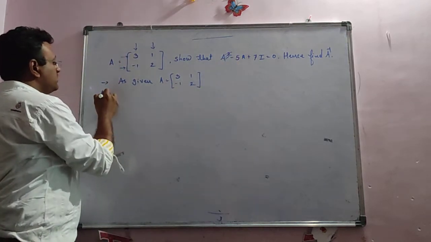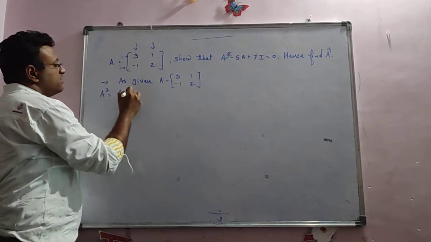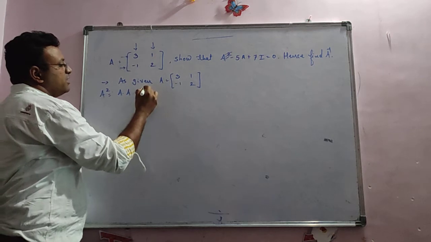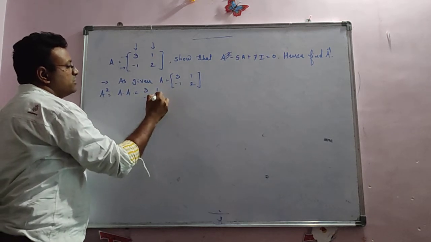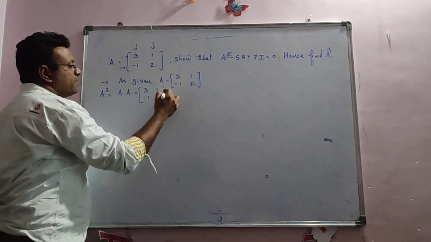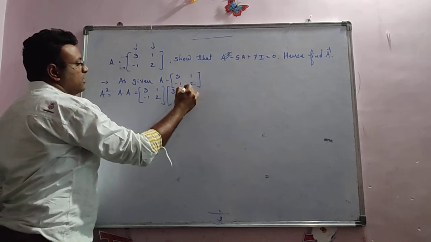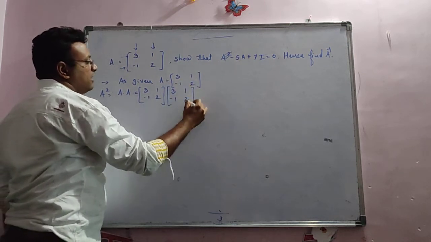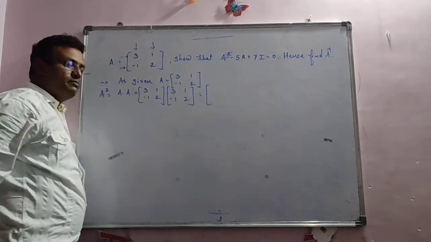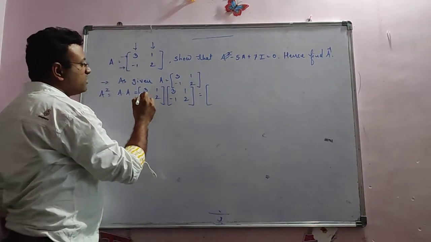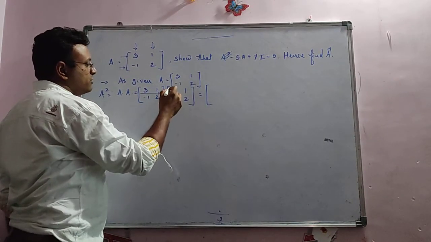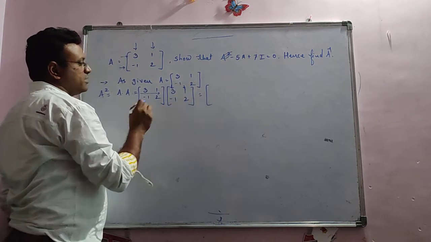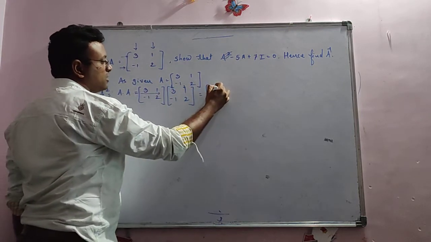So how will we find A square? A square is nothing but A into A. A is a matrix with these elements, and then again A. As we know the rule of matrix multiplication, the first row and the first column: 3 into 3, 9.